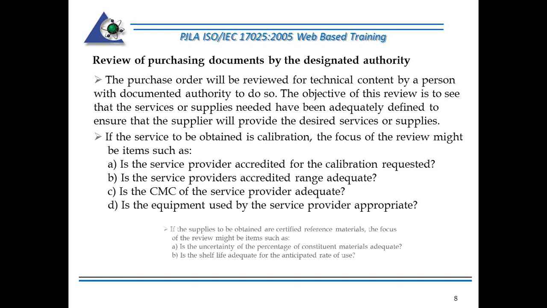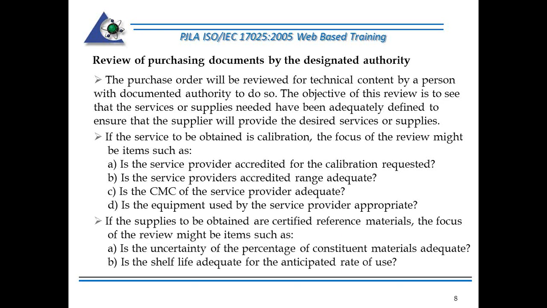Now, if it wasn't calibration, but instead it was supplies to be obtained, perhaps certified reference materials, the focus of the review might shift from the numeric things we're talking about with measurement uncertainty and ranges and so on. They might be looking at the uncertainty of the percentage of constituent materials in a reference material, perhaps a powder, perhaps a liquid, something of that nature. They also might look at how often we use this reference material.